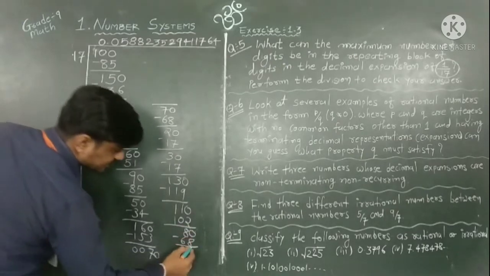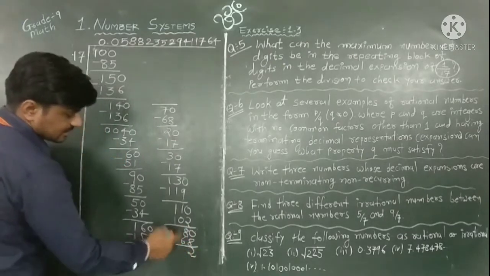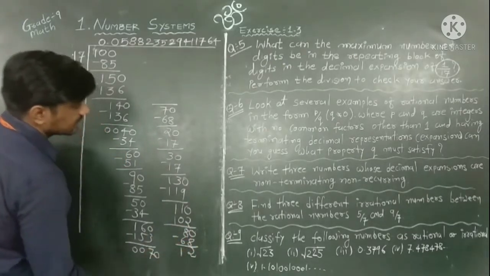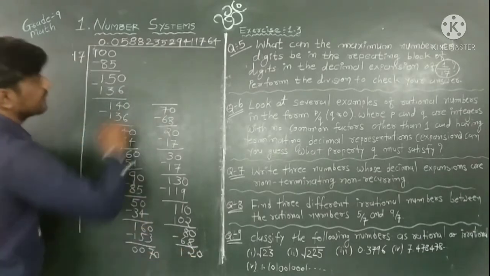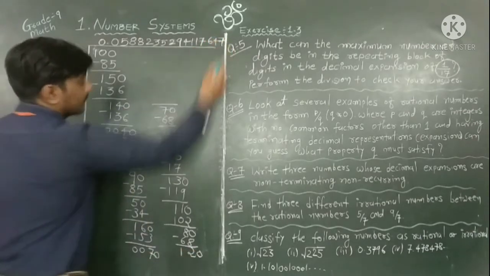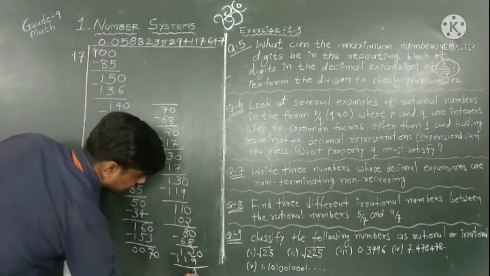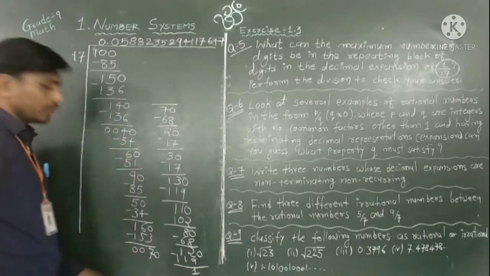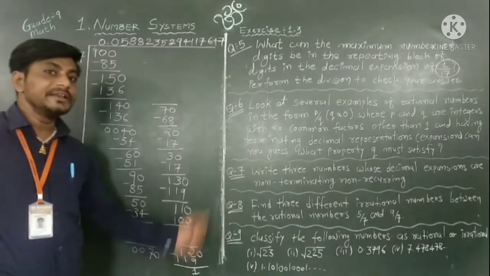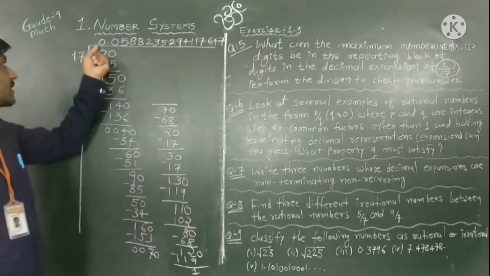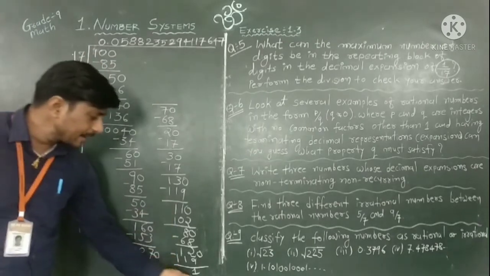So 10 minus 8 is 2, 7 minus 6 that means 1, again 0. So 17 7s are 119. So remaining 1. Now look here, our initial digit is 1, so here 1 is again repeating.